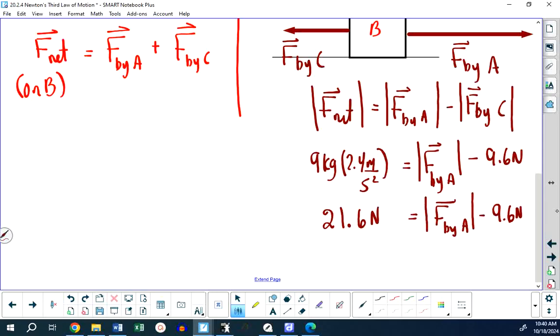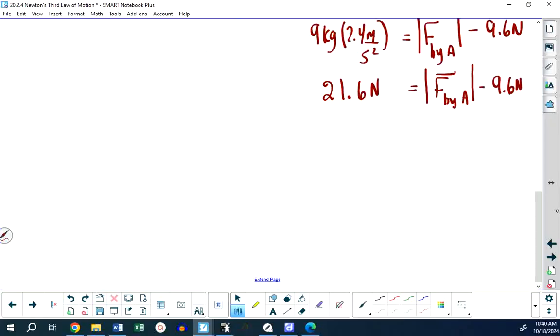So what do you have to do to both sides of this equation to get that force that we're after now? We have to add 9.6 newtons. Okay. So when we add 9.6 newtons, what do we get? Is it 30.2 or 31.2? 31.2 newtons.